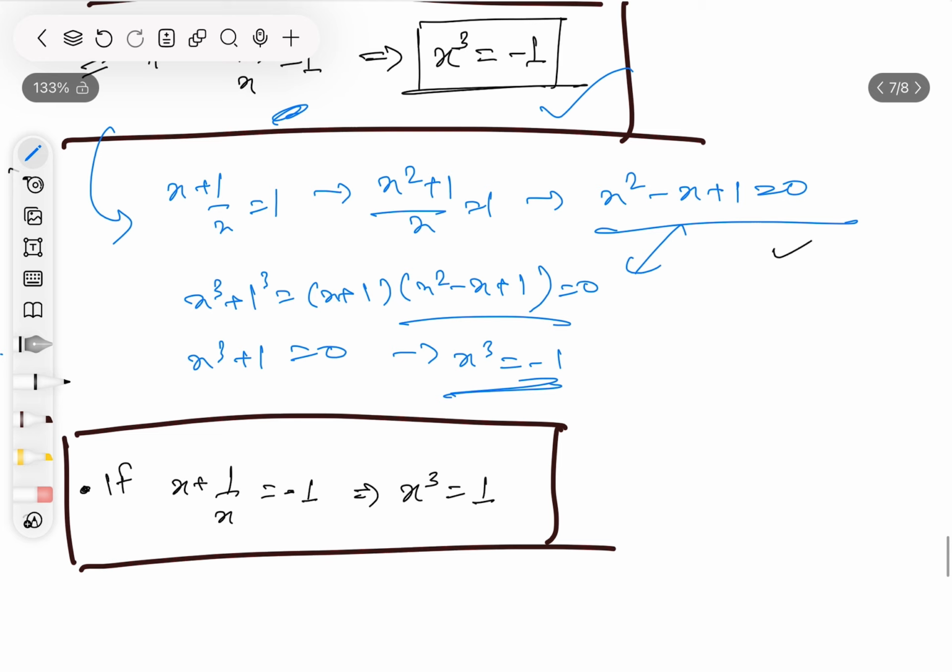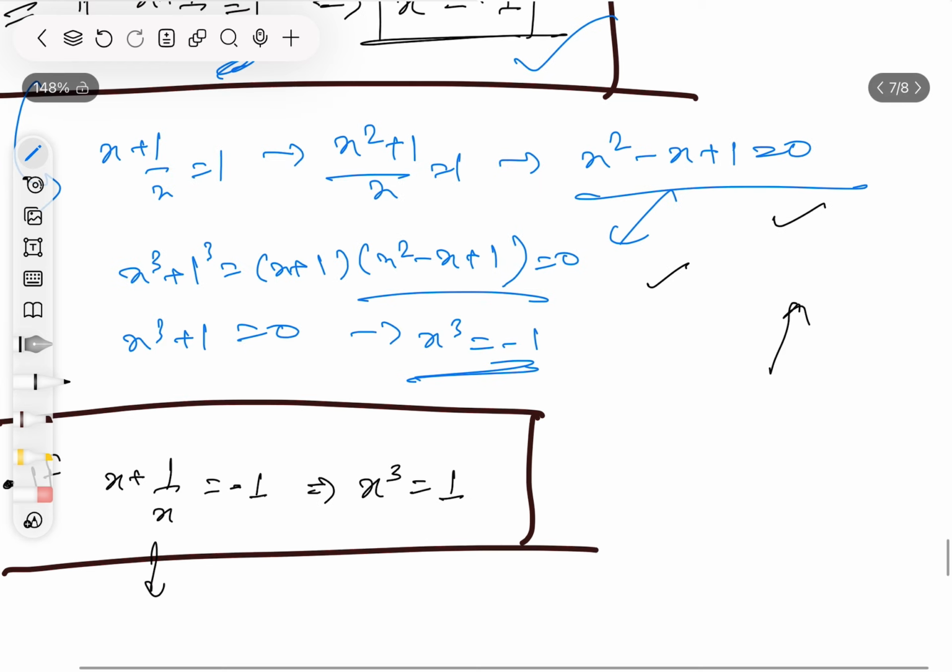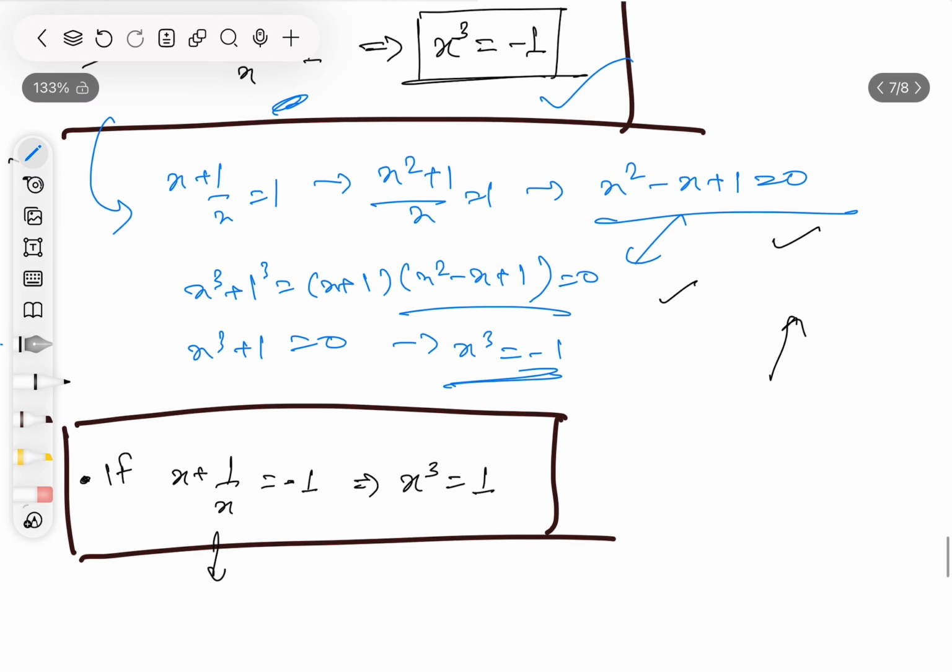You can expand it. So this time you will get x square plus x plus 1 equals to 0. So this will be 0 and x cube minus 1 will be 0. So try expanding this now, and you will see that it is on the similar path, and that is why you get x cube equals to 1. Hope that is clear.